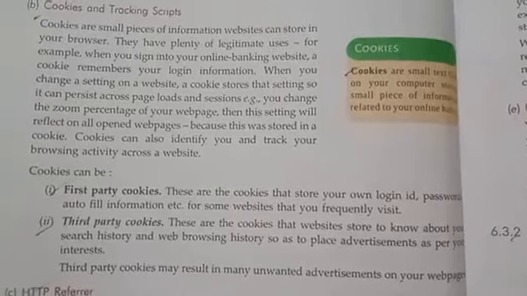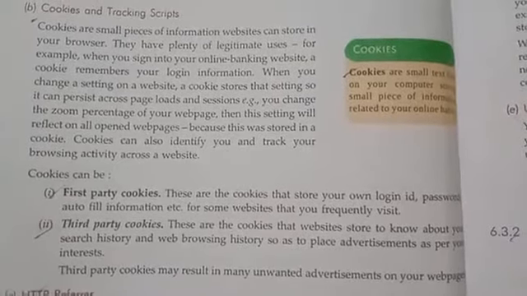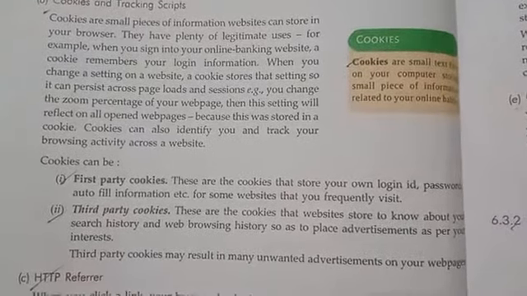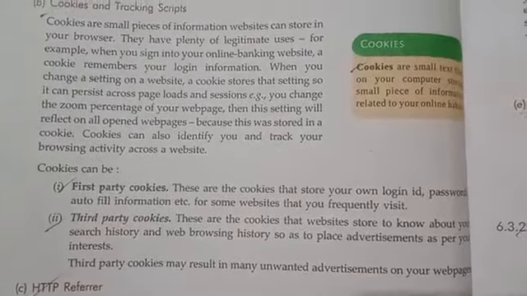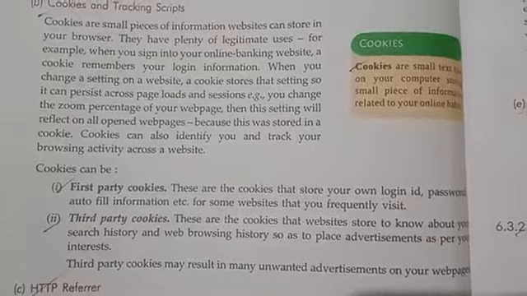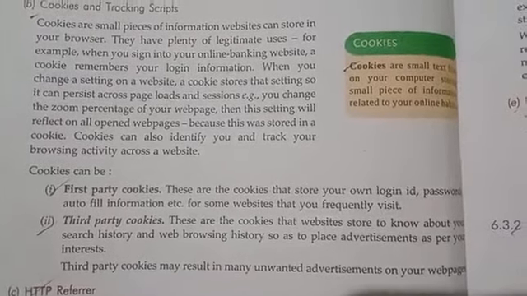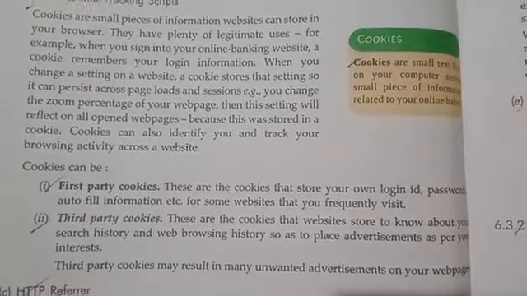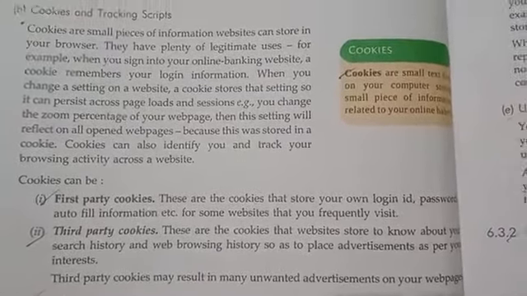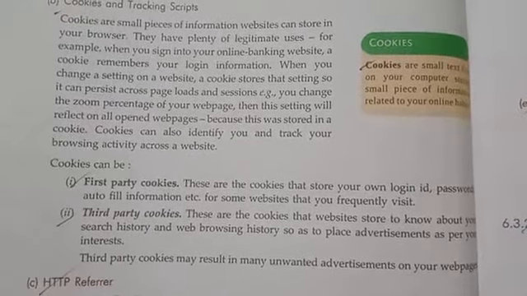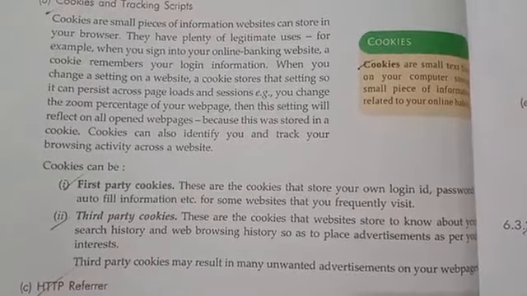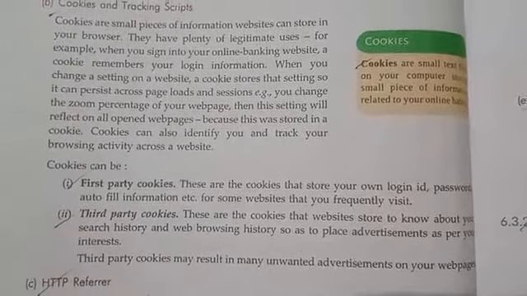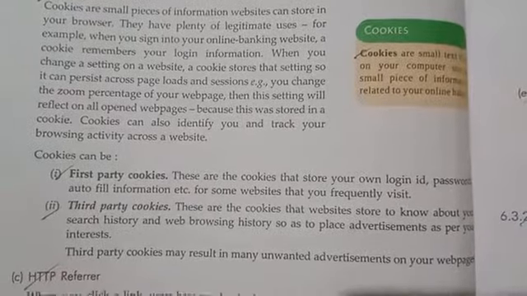Autofill information and login id and password are stored only in first party cookies, whereas a third party cookie is stored by the website to know your search history and web browsing history, so as to place advertisements as per your interest. I already told you how advertisements automatically come to your mobile because of this third party cookie. The third party cookie stores the whole search history and web browsing history.